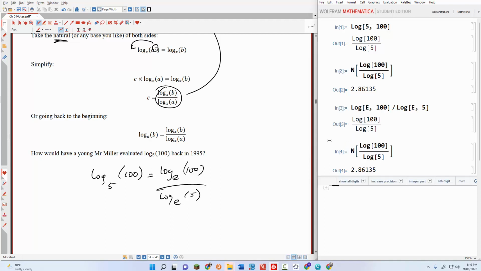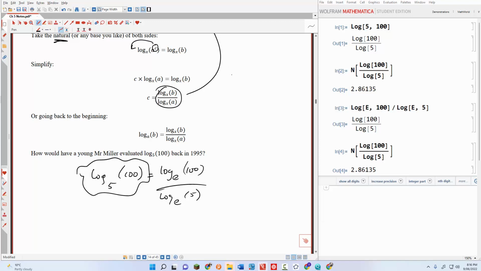And we'll get the numerical value, and of course it's exactly the same. Okay, so we couldn't work this out back in the day. What we had to do with log base 5 is just turn it into a log base e, or the other alternative was log base 10. And our calculators did base 10 as well.